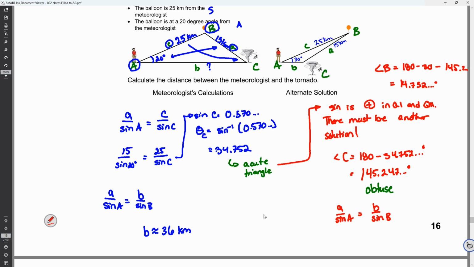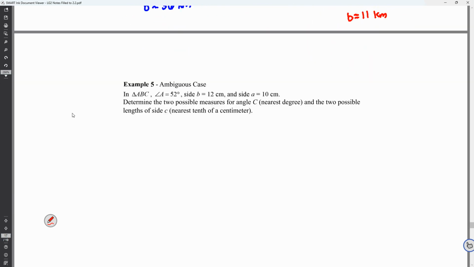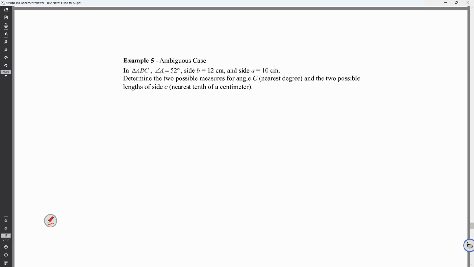That's really small. If we fill this in using that for B, what we get is our side length B is about 11 kilometers away. Okay. And in this case, the meteorologist is not okay. He would not be fine at all. He would definitely feel that tornado.